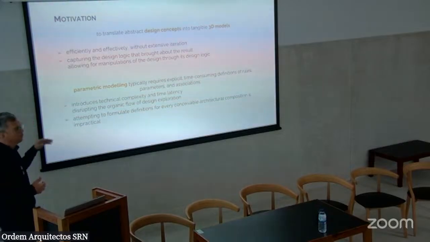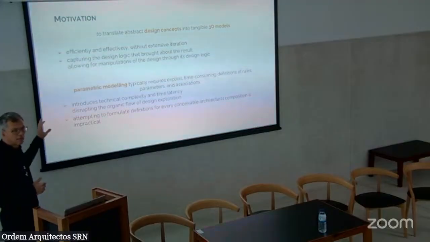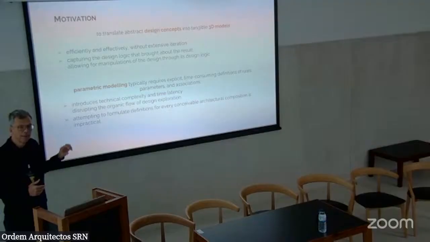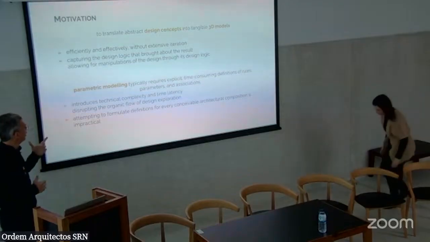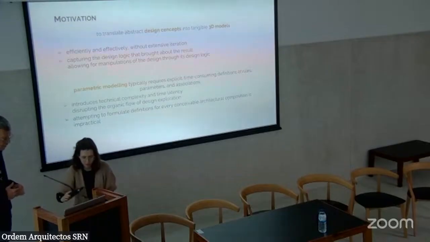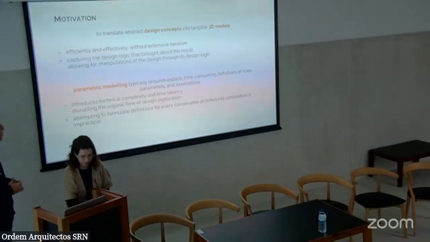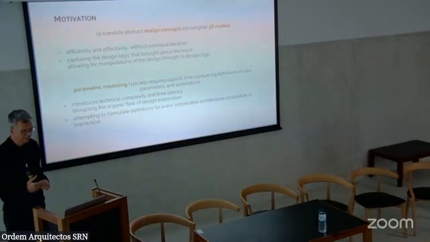And you could say, well, parametric modeling does that. Yes, parametric modeling can embed some of the design logic into the model, but it typically requires explicit and very time-consuming definitions of rules, parameters, and associations.